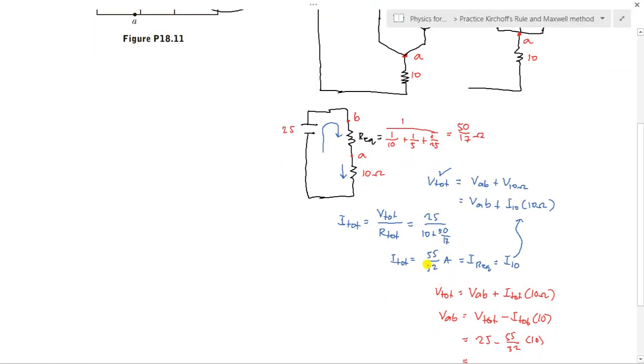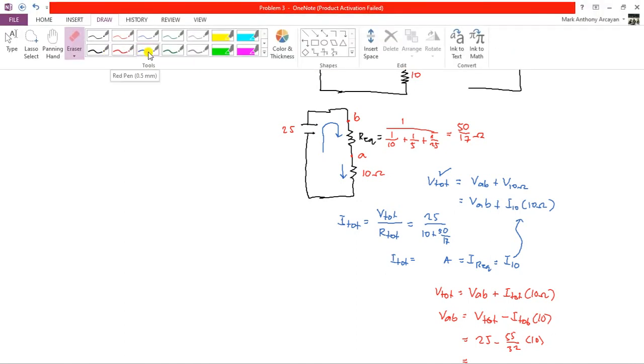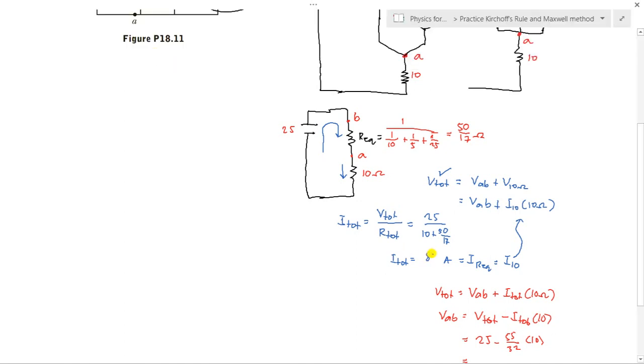So that was wrong. So the I total here is 25 over 10 plus 50 over 17, which becomes 11, so it's 85 over 44. So this is 85 over 44.